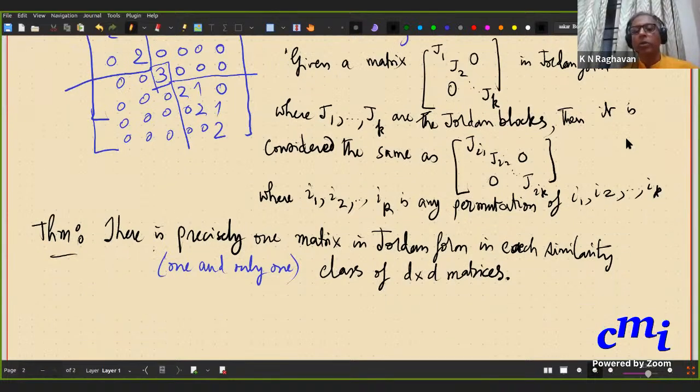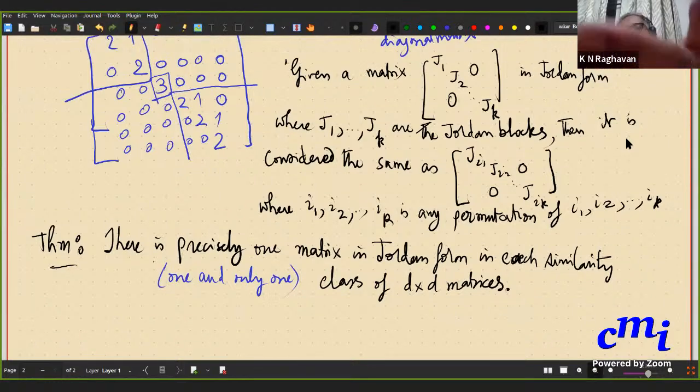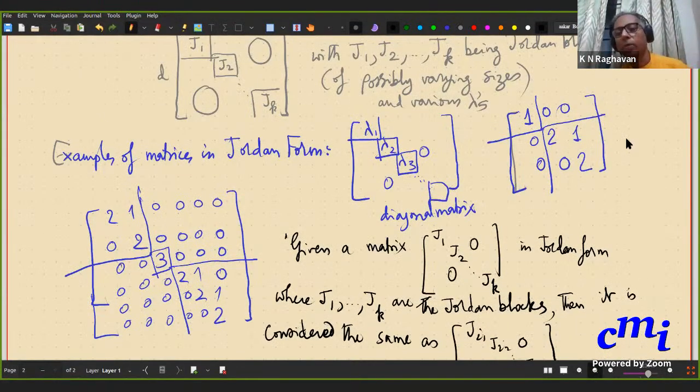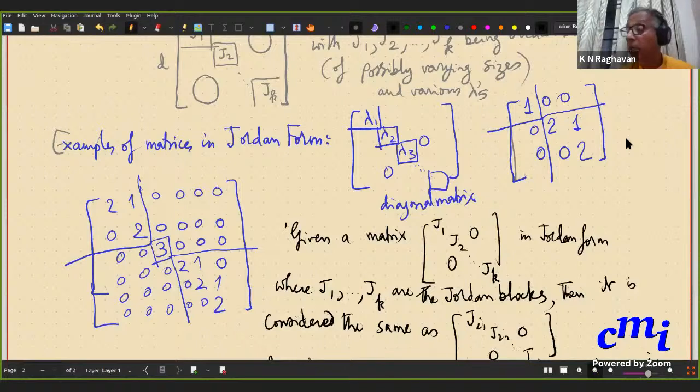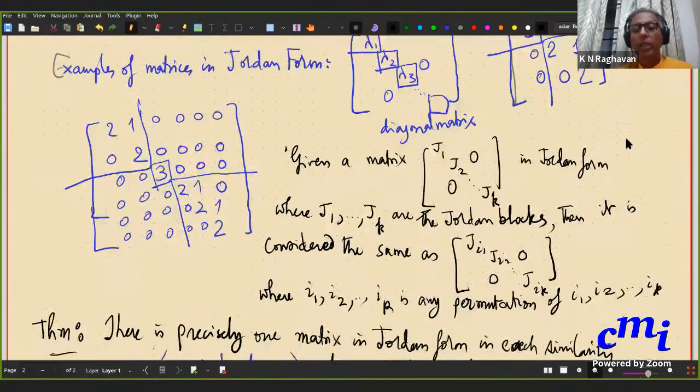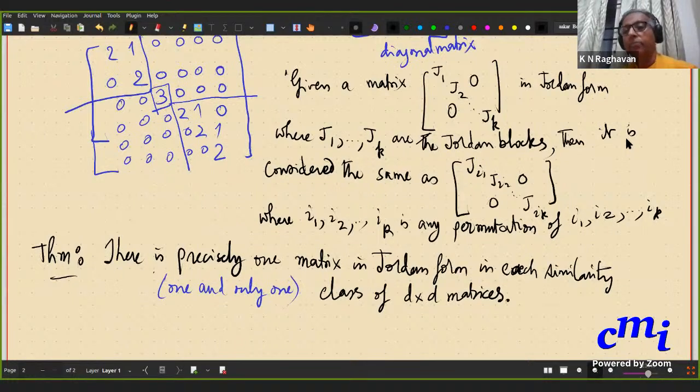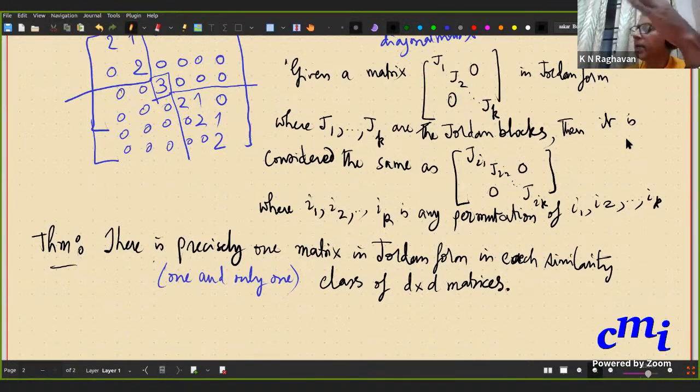Because every matrix is similar to a matrix in Jordan form, and the way we have defined the Jordan form here, it's an upper triangular matrix, in fact of a very special shape. So this theorem contains the statement that over the complex numbers every square matrix is similar to an upper triangular matrix.